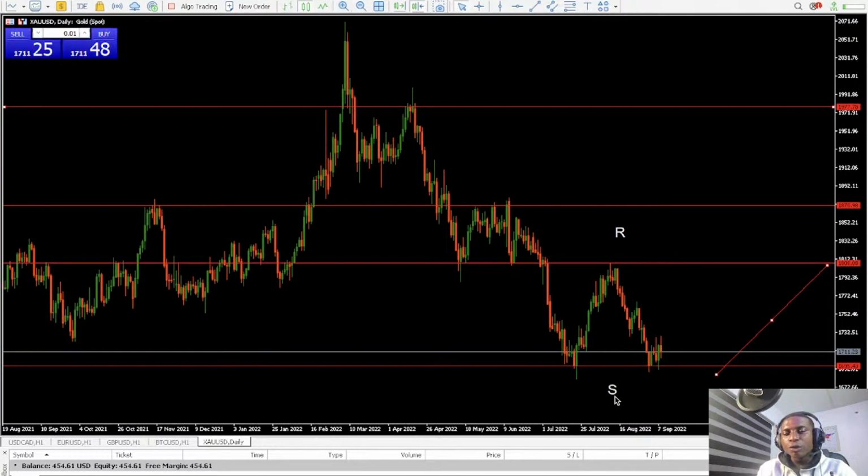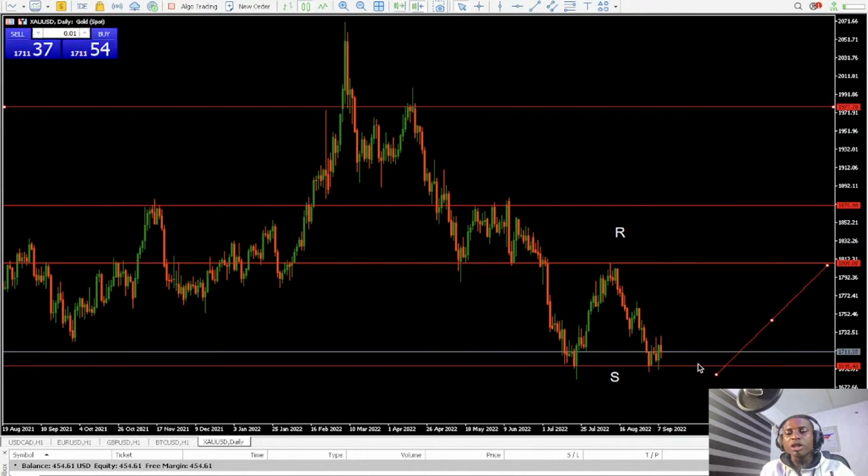Don't forget, this level is the support level, and support levels are identified as demand zones. These are zones where buyers are willing to buy, because the price is now cheaper and lower than it used to be.